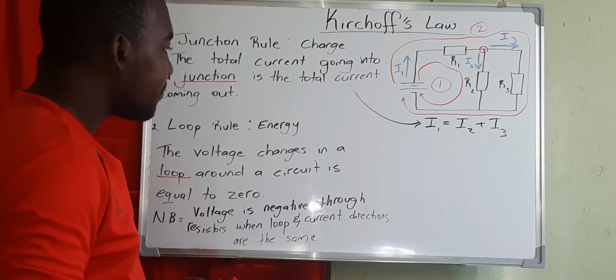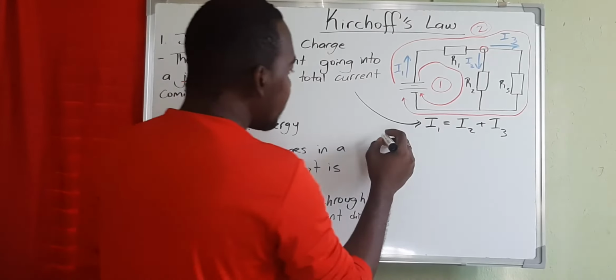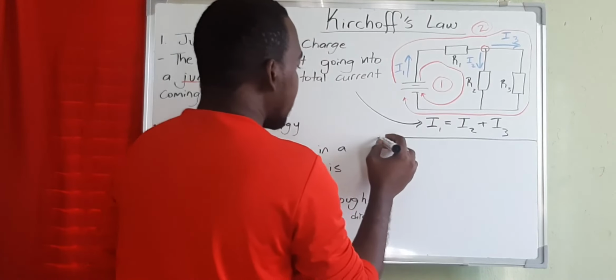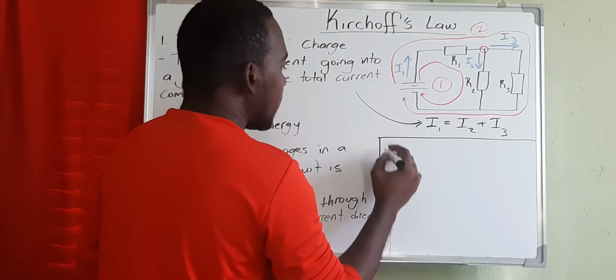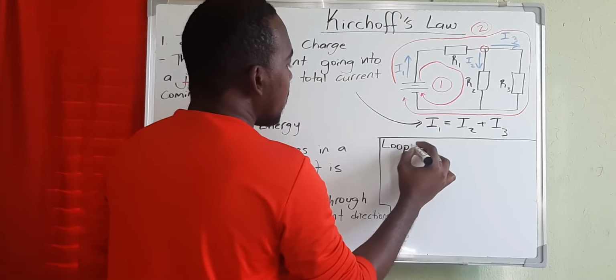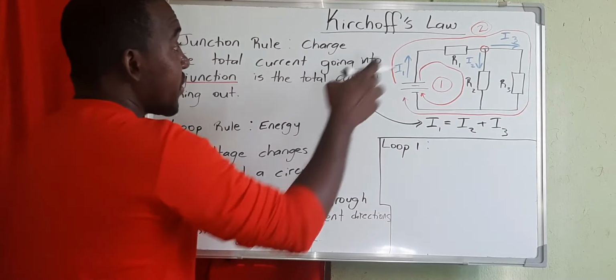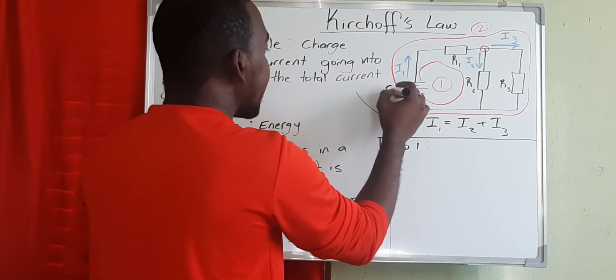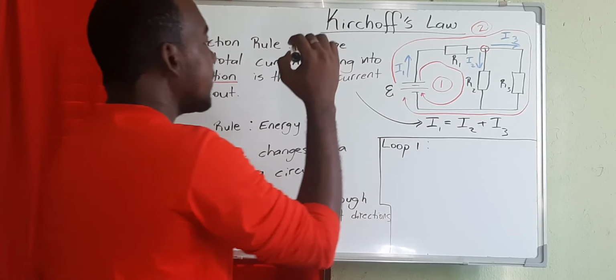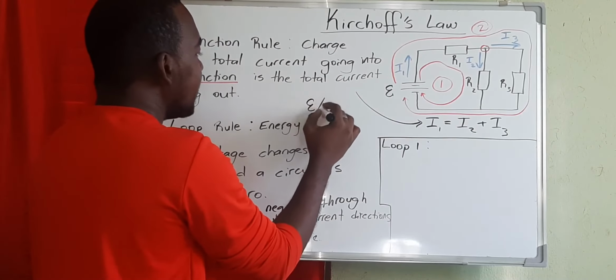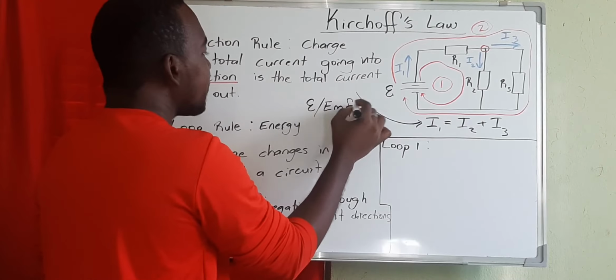So let's go to loop 1. We're starting from the battery. We're going to call the battery epsilon, where epsilon means EMF, the voltage supplied by the battery.